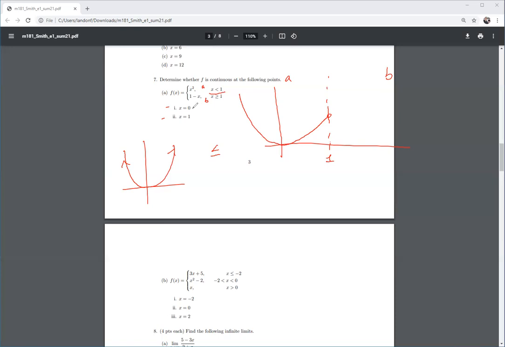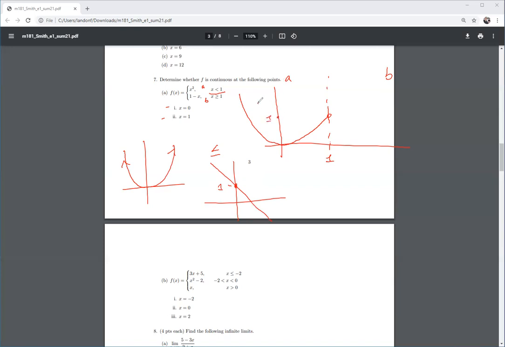Then we look at the other function, function B, which is 1 minus x. That's a linear function. Minus x looks something like this. And then we have a plus 1, so that means we're going to shift it up by 1. So wherever 1 is, I'll call this 1.